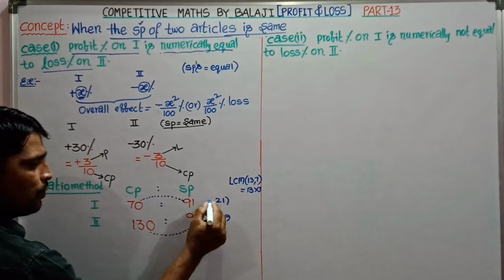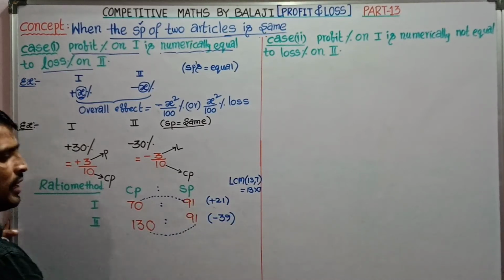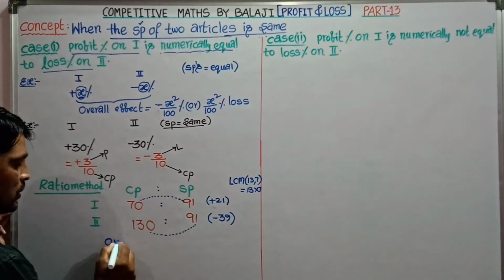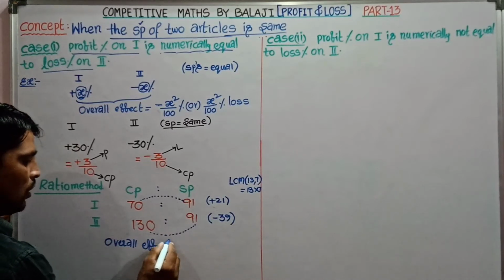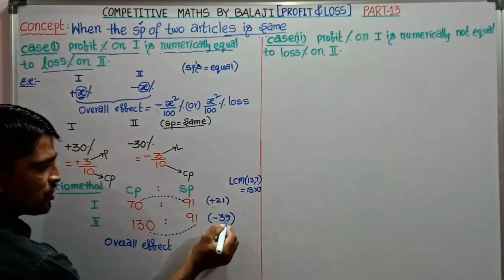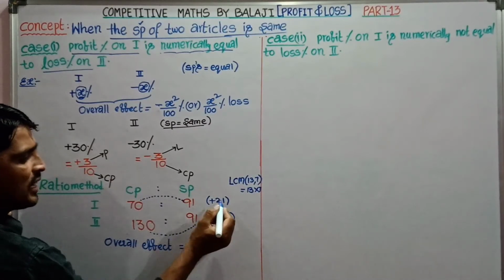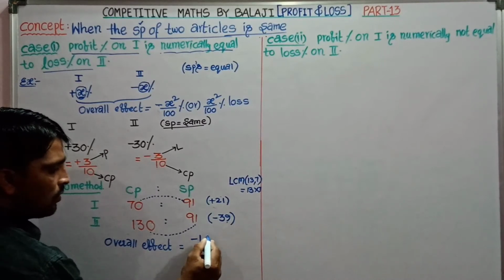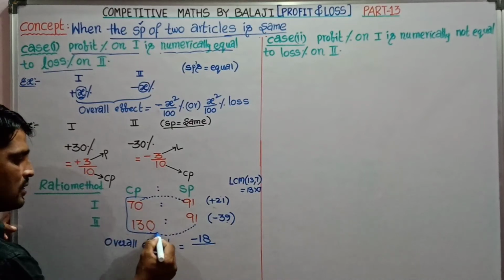Since it is profit, we denote it with a plus symbol; since it is loss, we denote it as minus 39. Overall, since the loss is more than the profit, we get the overall effect minus 39 plus 21, that is 18 units loss.